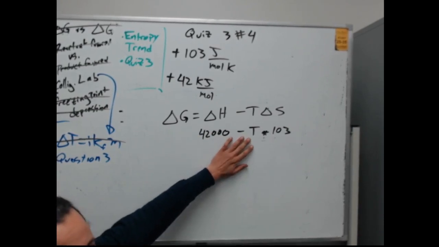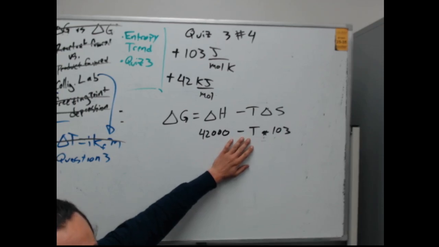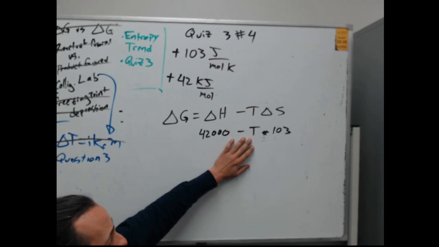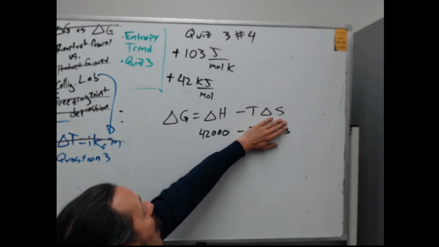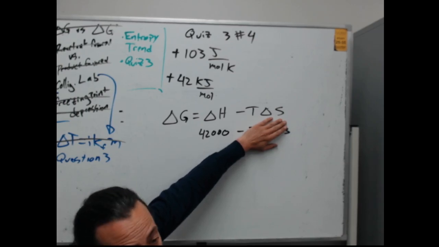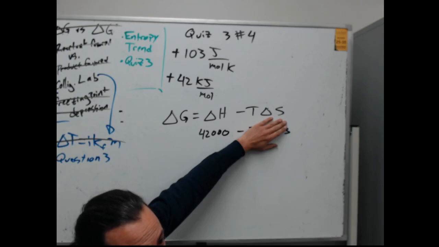Here's how I usually think about it. If temperature were close to 0, this term would completely disappear. Then our delta G would have to be positive because delta H is positive. So non-spontaneous, it would never happen.